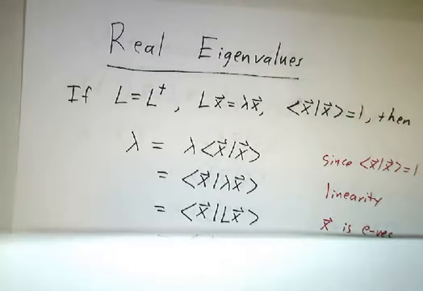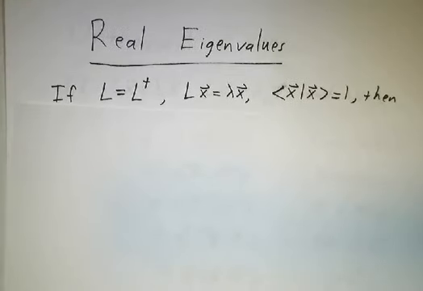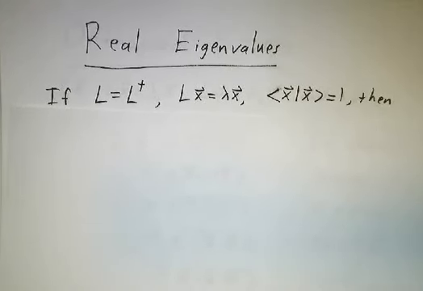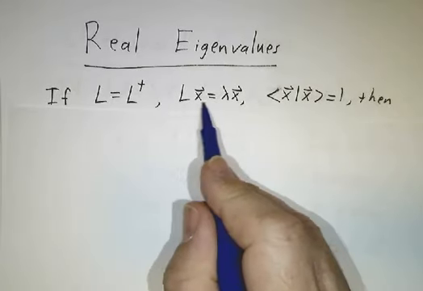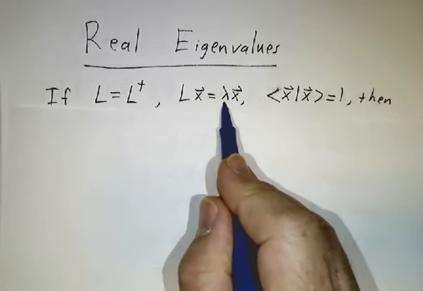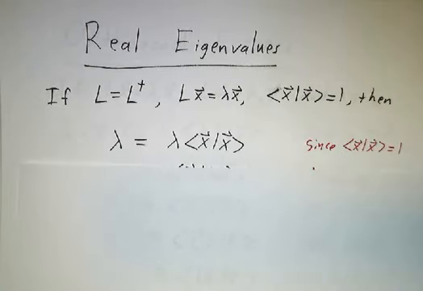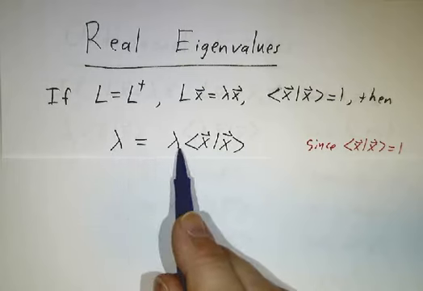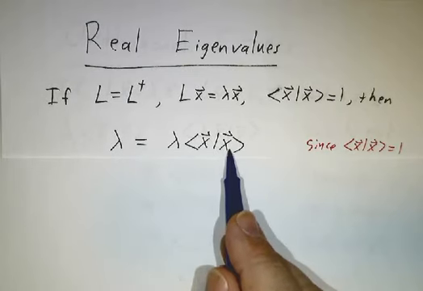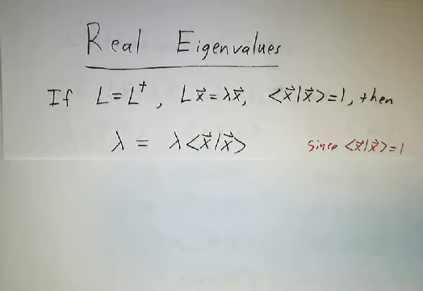So why should a Hermitian operator have real eigenvalues? Well, if x is an eigenvector with eigenvalue lambda, we can always rescale it to have length 1, and then we compute. Lambda is lambda times the inner product of x with itself, because x was a unit vector.